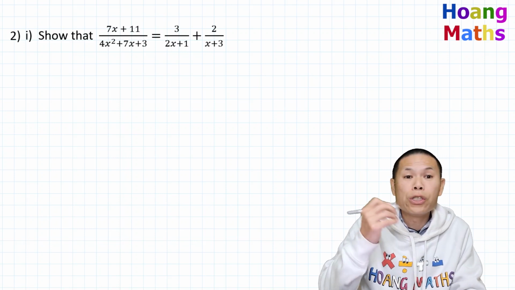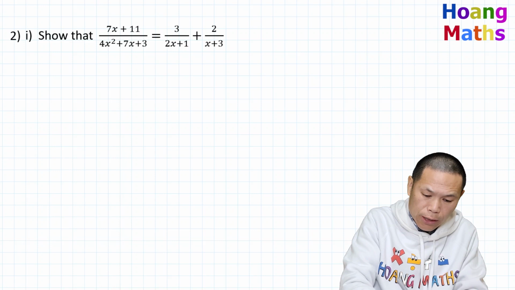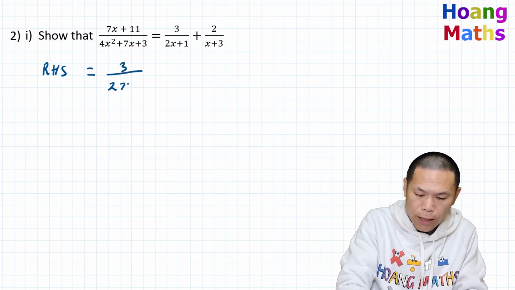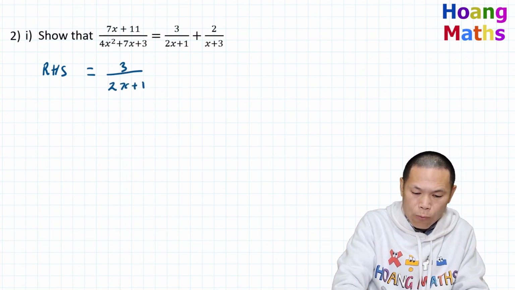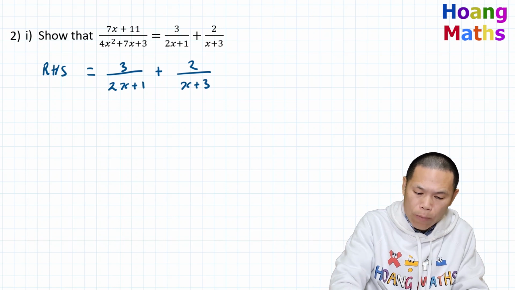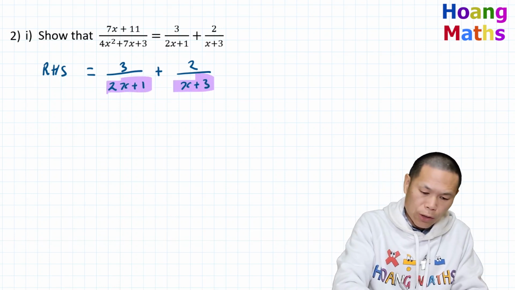So first of all, we just need to add the fractions on the right hand side. So let me just write this down. On the right hand side, that is equal to 3 over 2x plus 1, and we add 2 over x plus 3. And the common denominator is, we just times these two factors together.